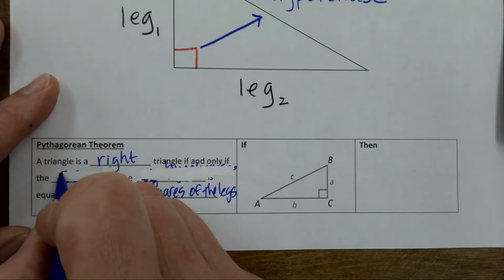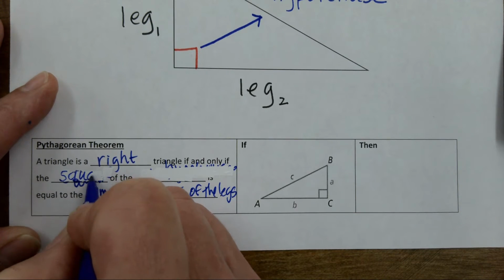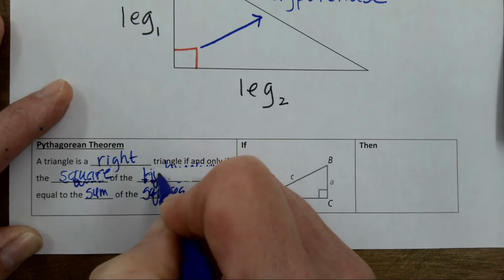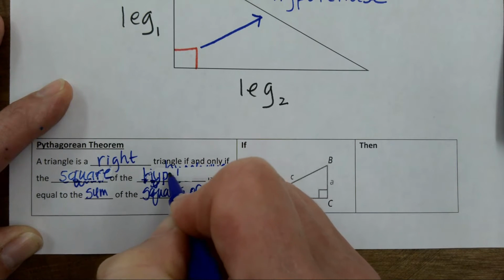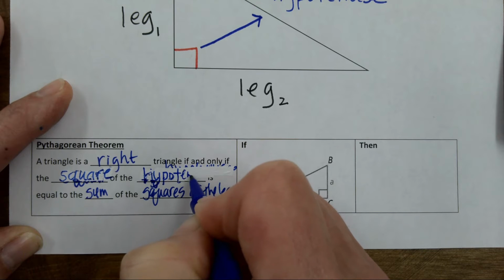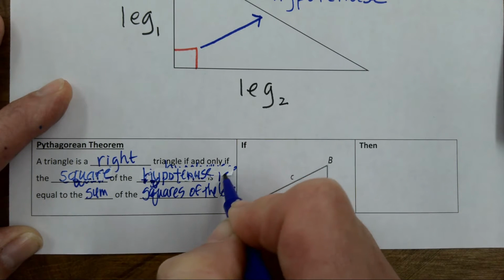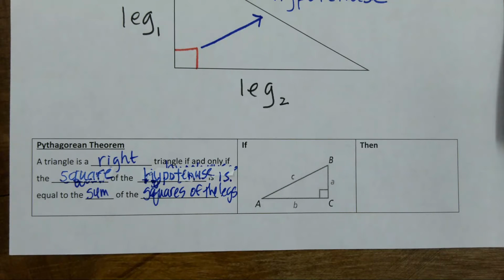Okay, so the square of the hypotenuse is equal to the sum of the squares of the legs.